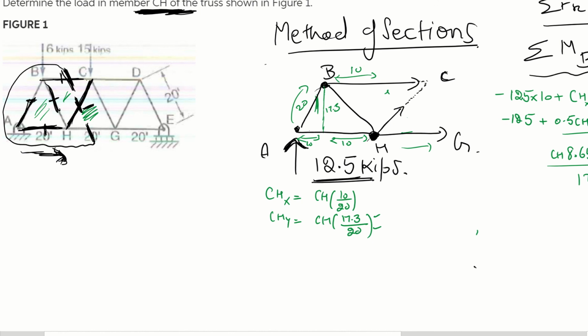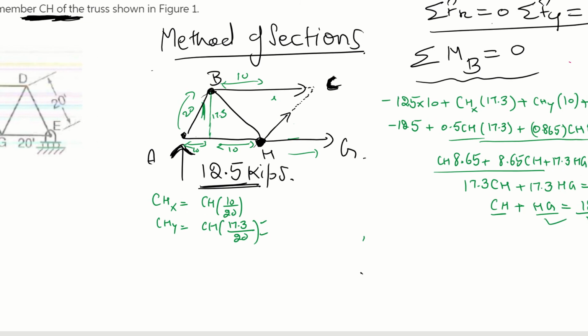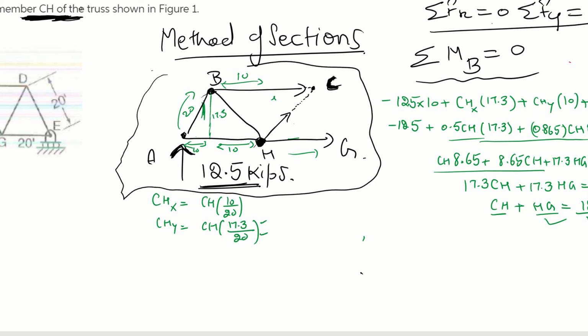In this section, although I haven't taken the point C, I still can assume point C while solving the question. What do I mean by that? I can assume that this is a point about which this whole truss, the whole cross section, will rotate.